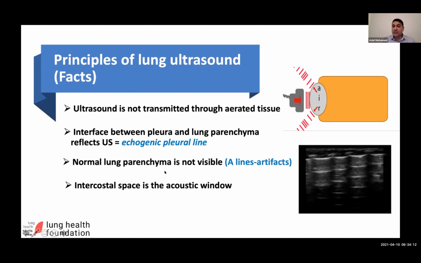You are not seeing the parenchyma, as I mentioned before, but it will be represented in the normal lung by A lines. And remember, you are seeing the lung in a very narrow acoustic window, which is the intercostal space. Remember that the bone will give you a shadow. So you are seeing the lung in between the intercostal spaces.